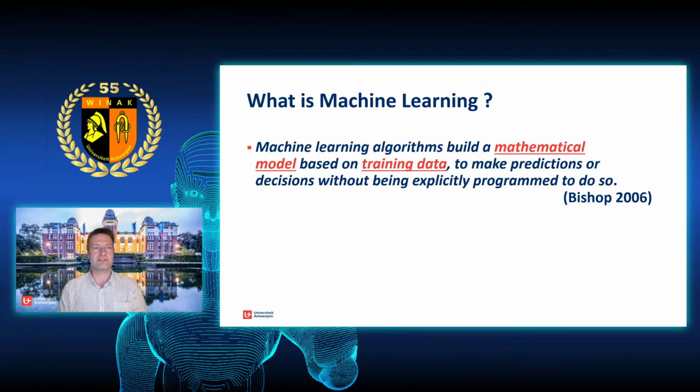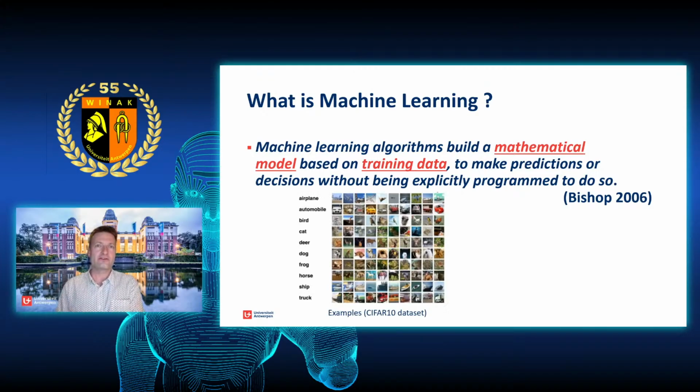This means that instead of explicitly programming the machine to take a decision, we present it with examples, and based on the examples, the machine learns how these examples need to be classified. A very well-known example is the CIFAR-10 dataset, a dataset of thumbnails, small pictures.